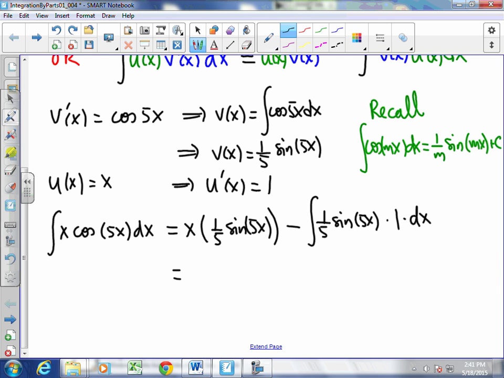Rewriting this in the most simplified way is 1 over 5 x sine of 5x minus 1 over 5 times the integral of sine of 5x dx.